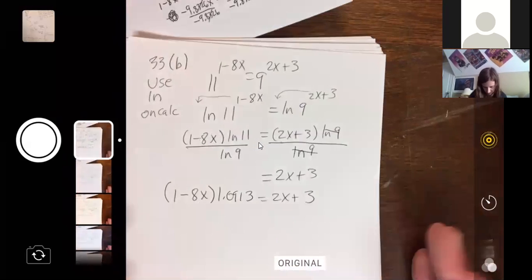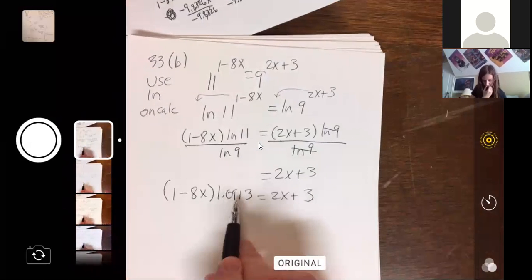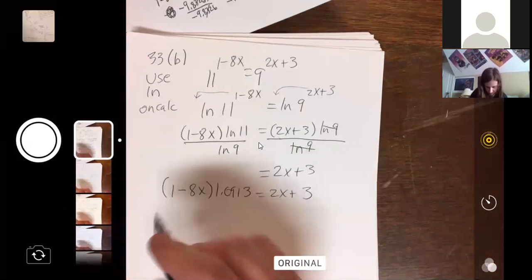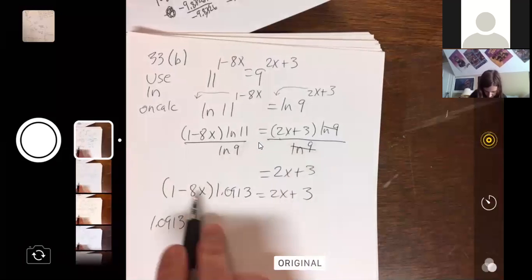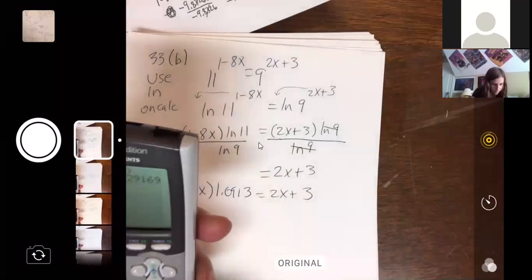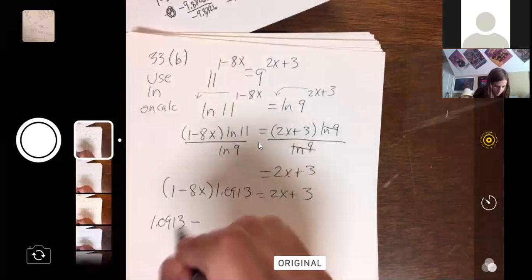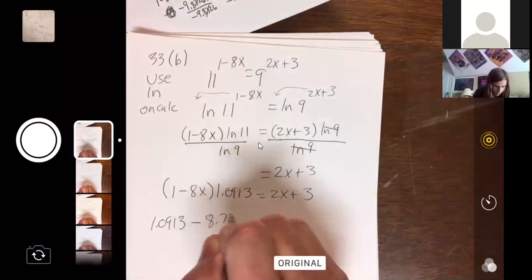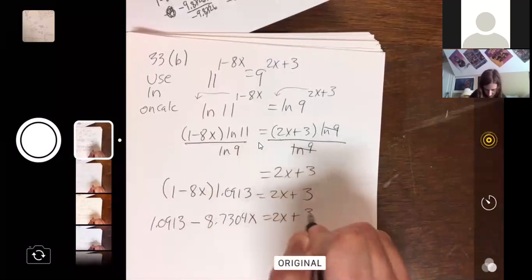All right, so the rest of this is just distributing. 1.0913, which is easy on the 1, subtract 1.0913 times 8, which is 8.7304, equals 2x plus 3.